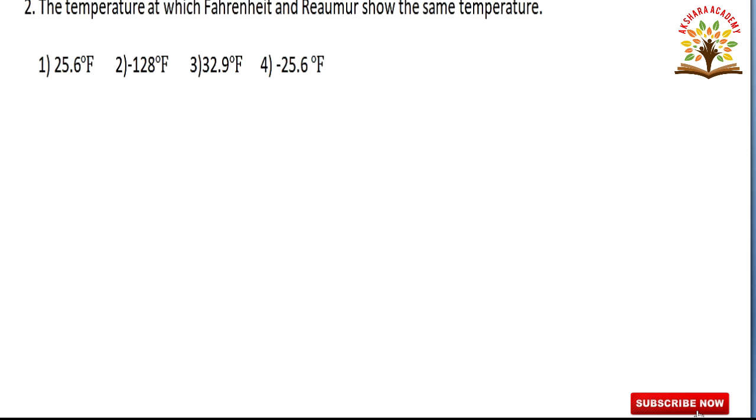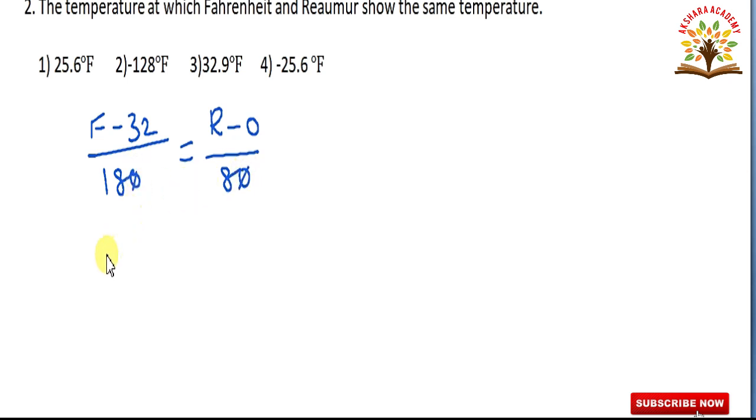Next, in this question, we need the temperature at which Fahrenheit and Reaumur show the same temperature. What is the relation between Fahrenheit and Reaumur? (F minus 32) by 180 is equal to (R minus 0) by 80.